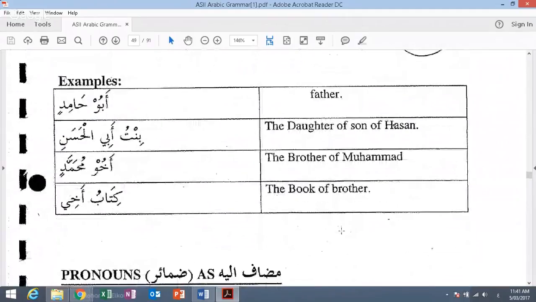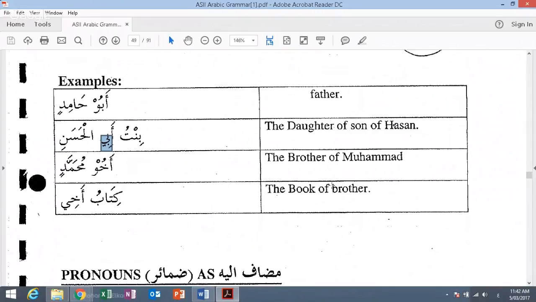Now you can see the example here. Abu Hamidin, Hamid's father, Bintu Abil Hasan. See, Abil, Jarri case. Abu, this is Rafi case. That's why waw. And this is mudaf ilayh, and this is mudaf for al-Hasan.